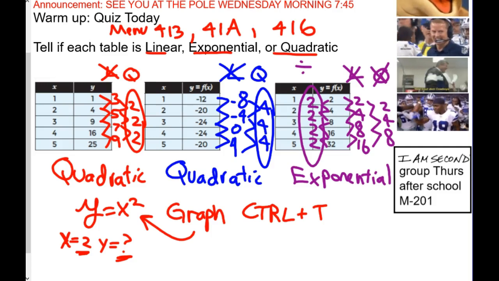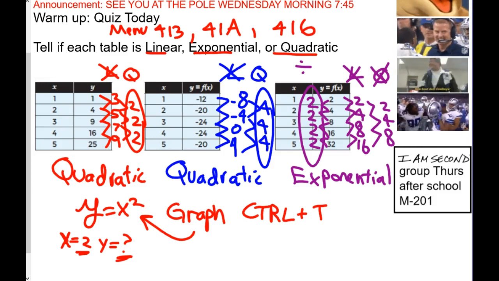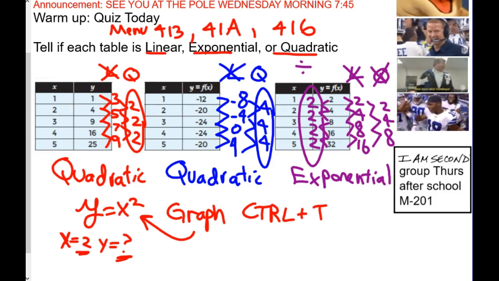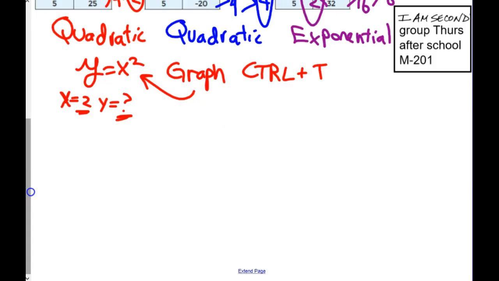Last thing, there's one on there that is a table, but it's not exactly one of these 3, okay? You still have to tell me what type of function it is. So do y'all remember when I've talked to you about r squared?